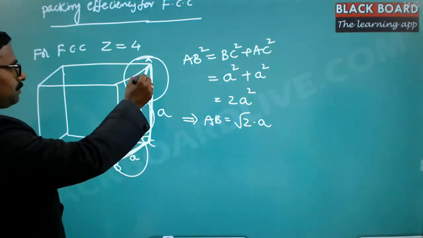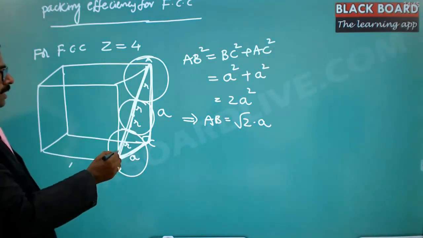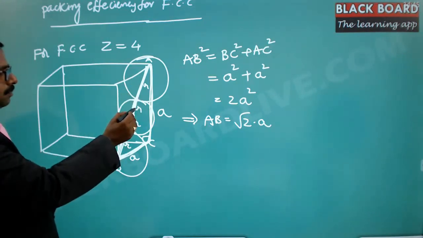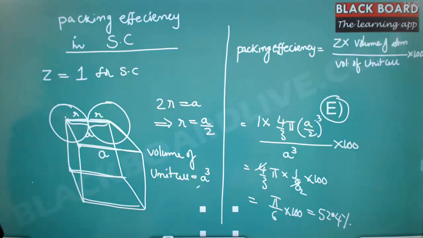AB consists of r plus r plus r plus r, which is 4 radius length.